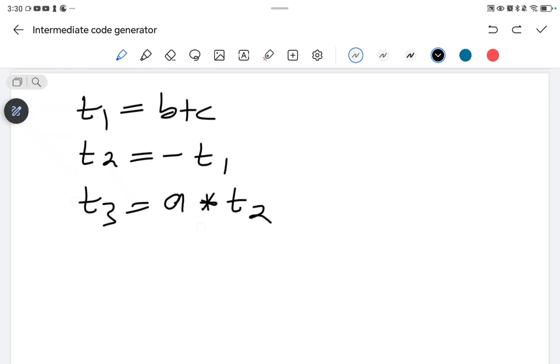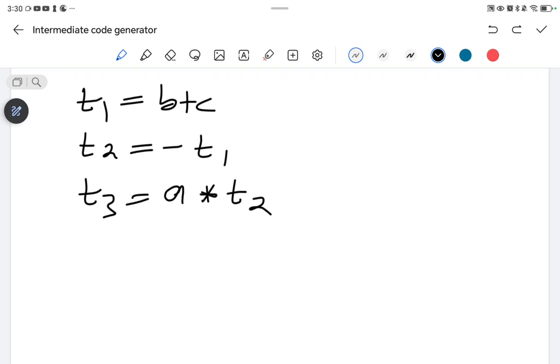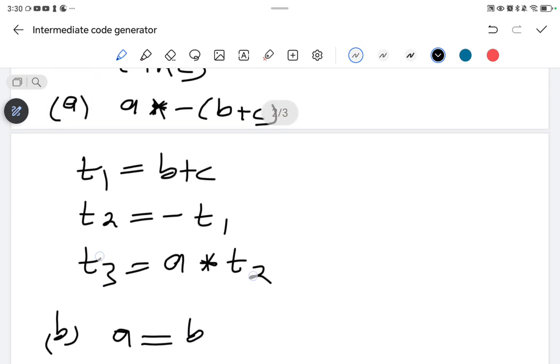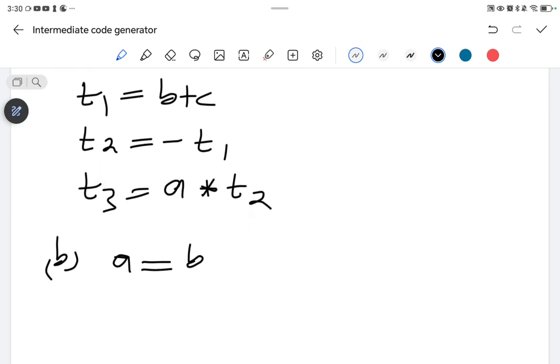So now if I come to B, I'm given that I have A is equal. Sometimes they have an equal sign, sometimes they don't. The first one which we had didn't have an equal sign. But if it had an equal sign, let's say that was equal to D, I was going to say D is equal to T3.